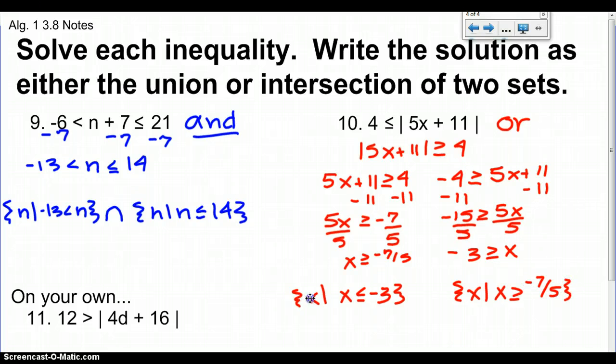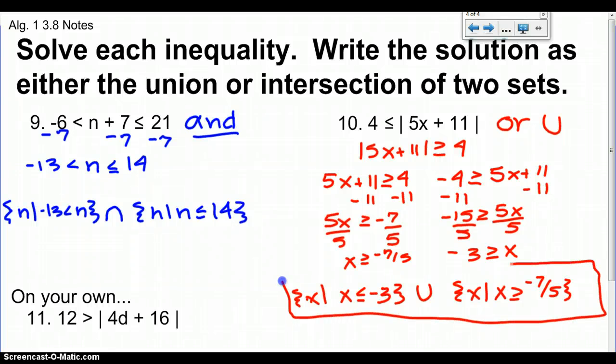And if you look on your first slide, an OR is a union. So it's a union, and this whole thing is our answer. So if you need to write it up here, AND is an intersection and OR is a union.